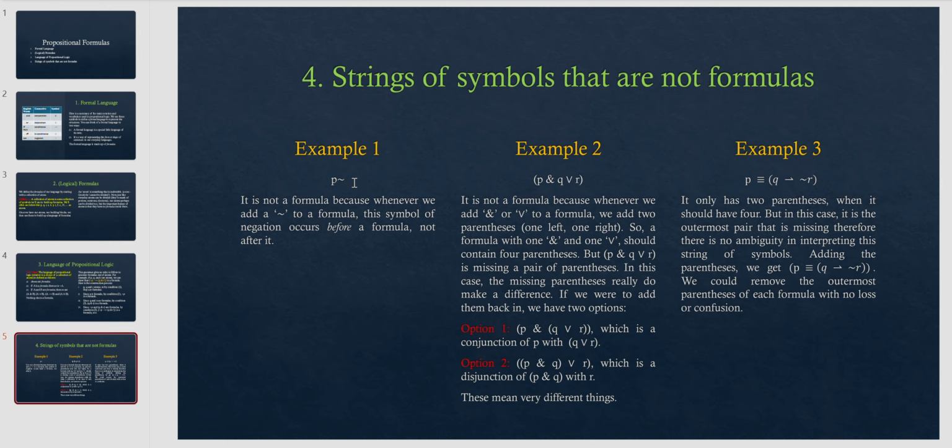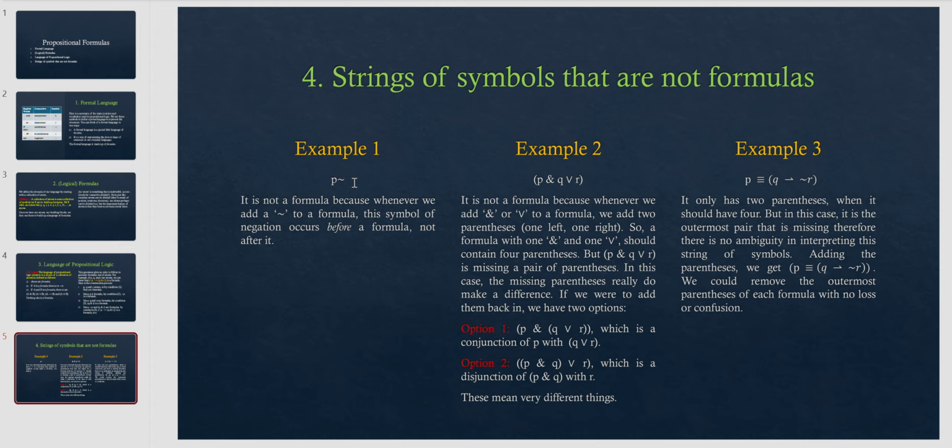Option 1, P and Q or R, which is a conjunction of P with Q or R. And option 2, P and Q or R, which is a disjunction of P and Q with R. And obviously these mean very different things.